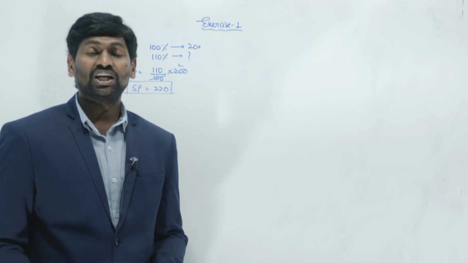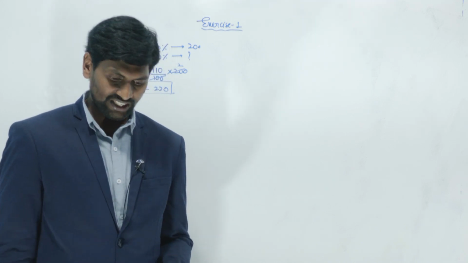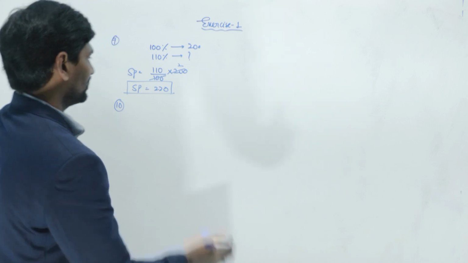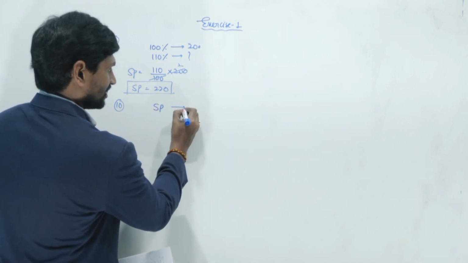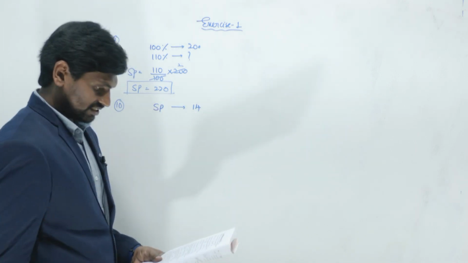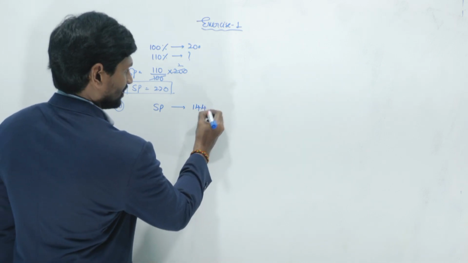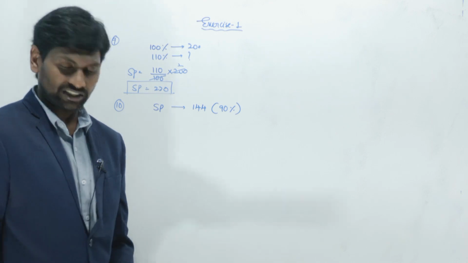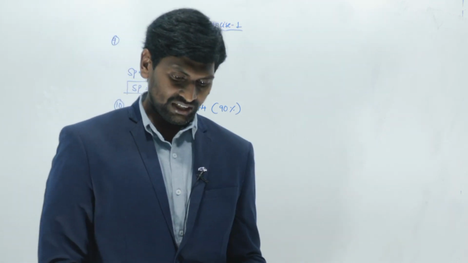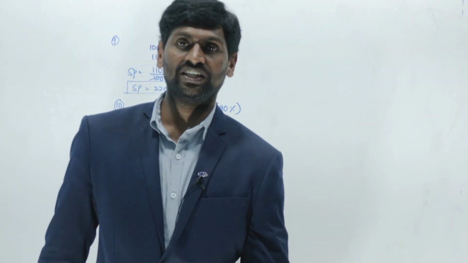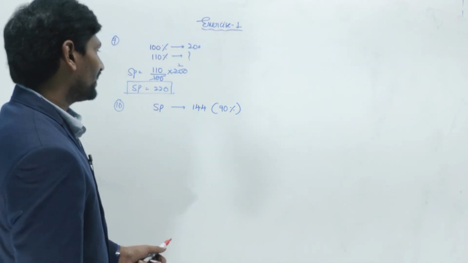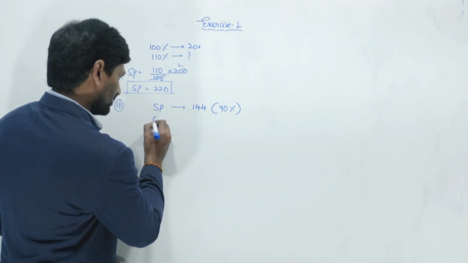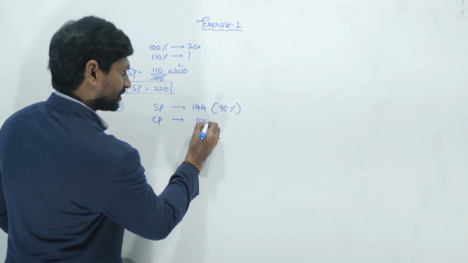On selling an article for 144 rupees, a man loses 10%. Selling price is 144 rupees. 10% loss, that means 90% value is 144. Okay, and what should he sell to gain 10%? So to gain 10%, let us find the cost price. Cost price, let us take it as 100%.